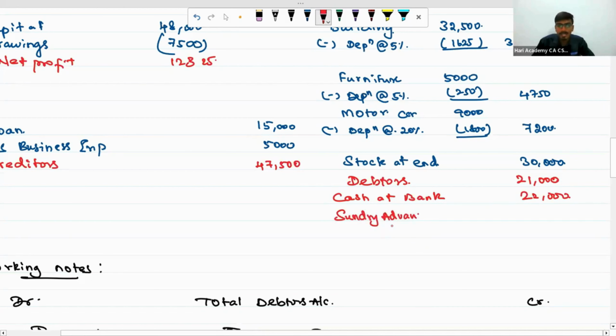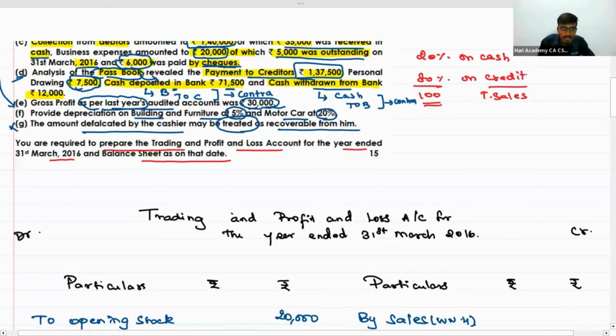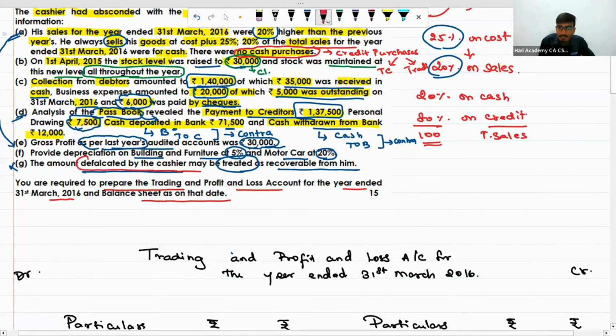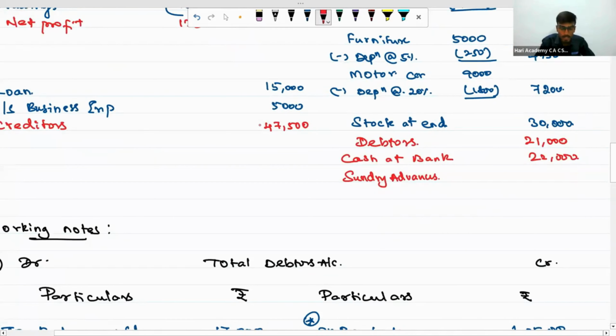Why are we writing sundry advances? In my question, they have specifically mentioned that the amount defalcated by the cashier may be treated as recoverable from him. So I may receive it in future.